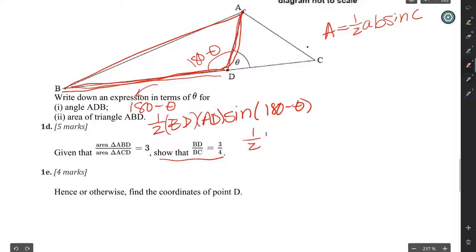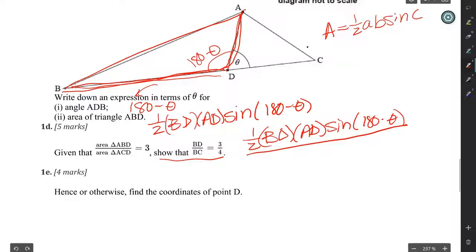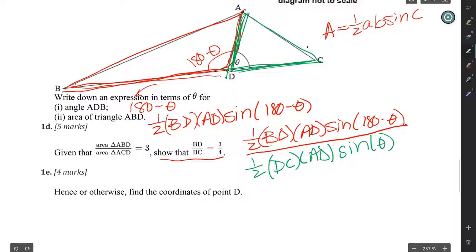So it'll be 1/2 BD times AD times sine of 180 minus theta over, now triangle ACD, that's the triangle here in green. So I would have 1/2, one of the sides here is DC, the other one is AD, and then I have sine of theta, and that has to equal 3/1.